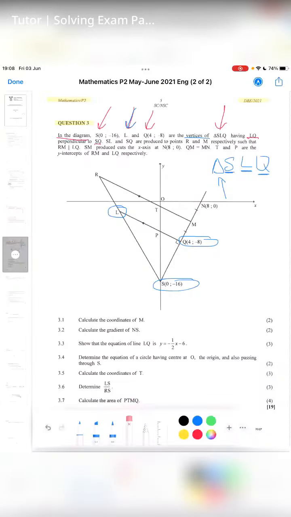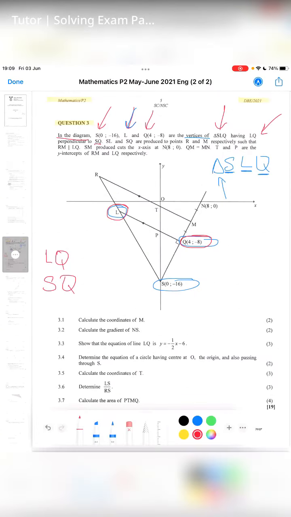Okay, so they're saying triangle SLQ having LQ. Where is LQ? Let me check LQ again. There is L and then there is Q. Remember, I've always been saying when the given information is written in capital letters, it means they're talking about the distance from L to Q. So that means they're talking about that straight line.